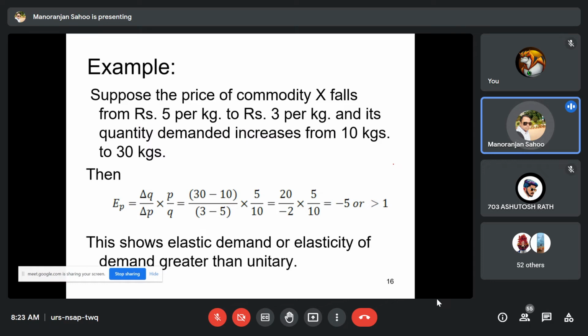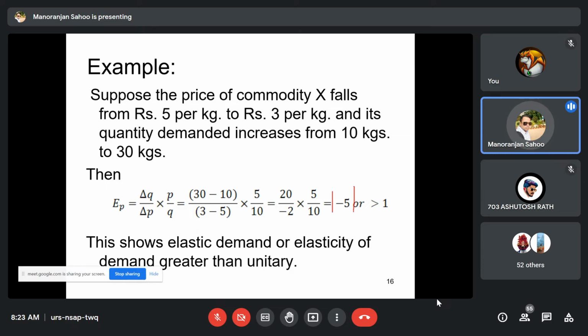Then the example: suppose the price of commodity x falls from 5 rupees to 3 rupees, and its quantity demanded increases from 10 kg to 30 kg. Here, when one variable is increasing, the other is declining, so the elasticity will be a negative value.